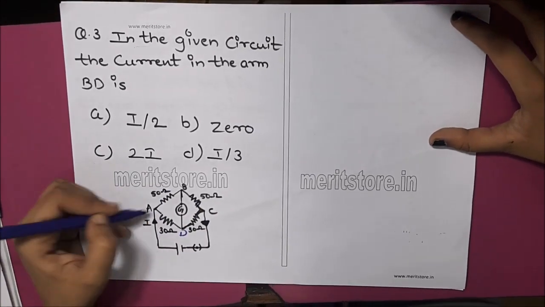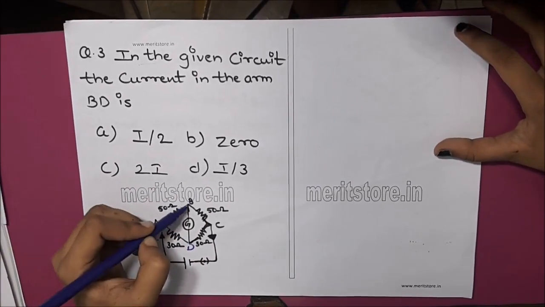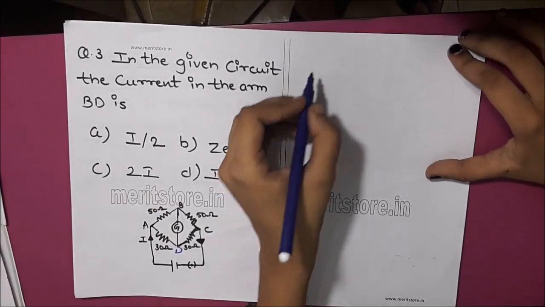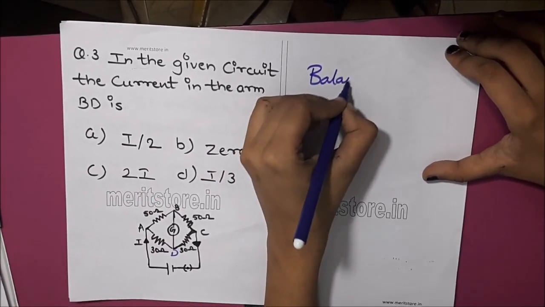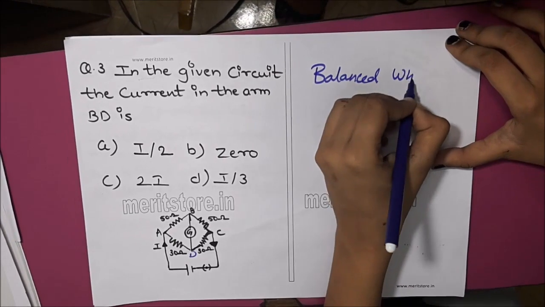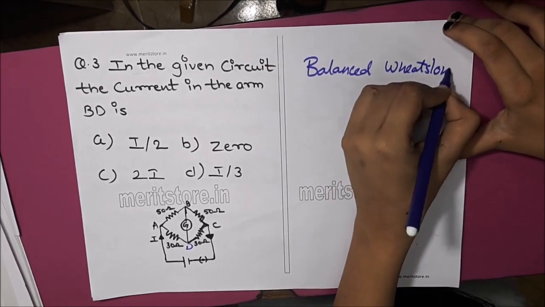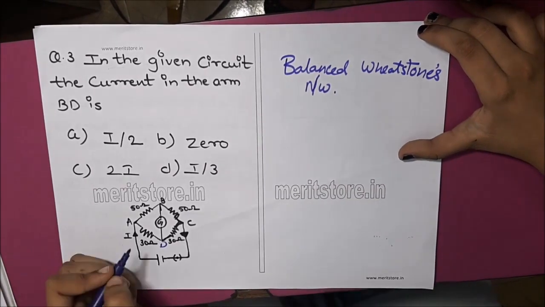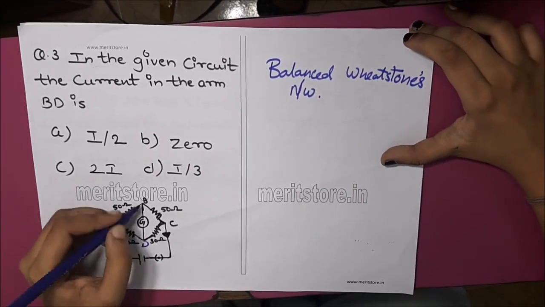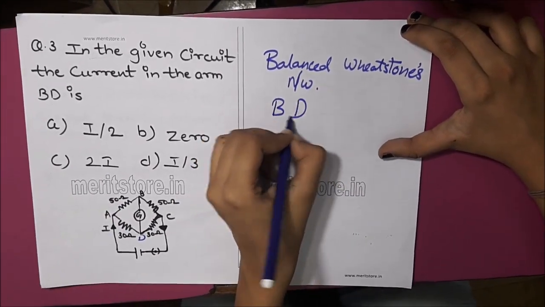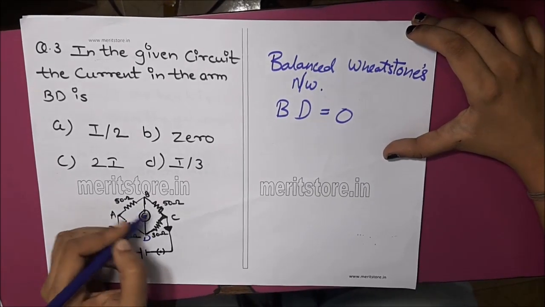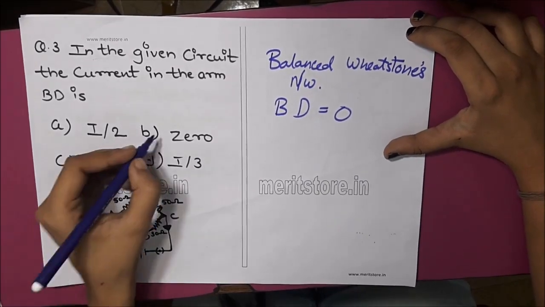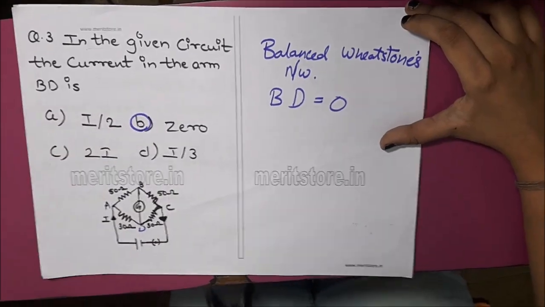So over here in series there's 50-30 and over here also there's 50-30. So by this we come to know that it is a balanced Wheatstone's network. And when it is balanced, the current between B and D will be 0. There will be no deflection in the galvanometer. Option B is the correct option.